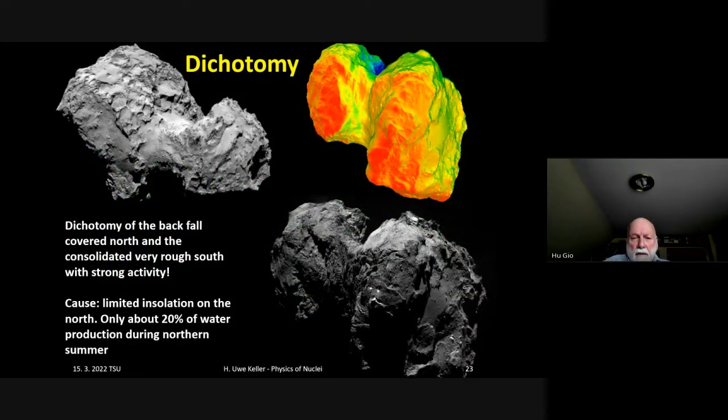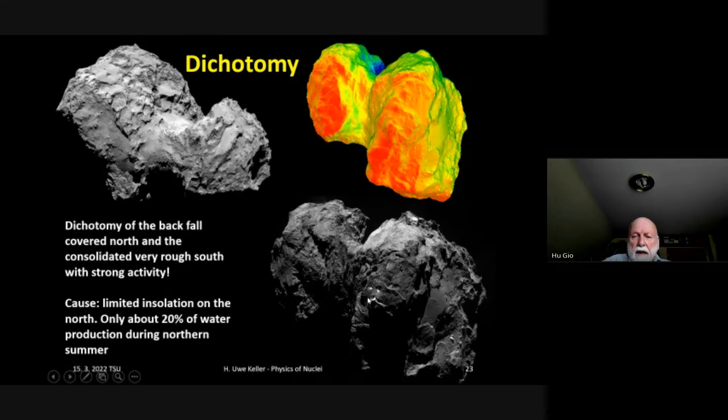And this produces this dichotomy between the north here and the south side here, as you clearly can see. And this is due to the transport of material and, of course, to the fact that at this stage, at this orbit, there's less production on the northern side than on the southern side.